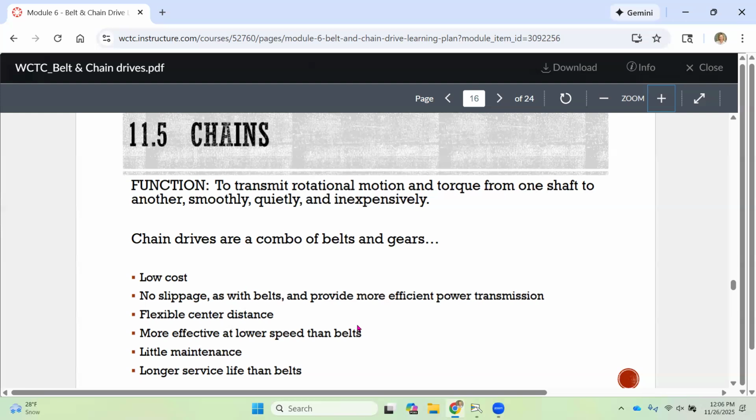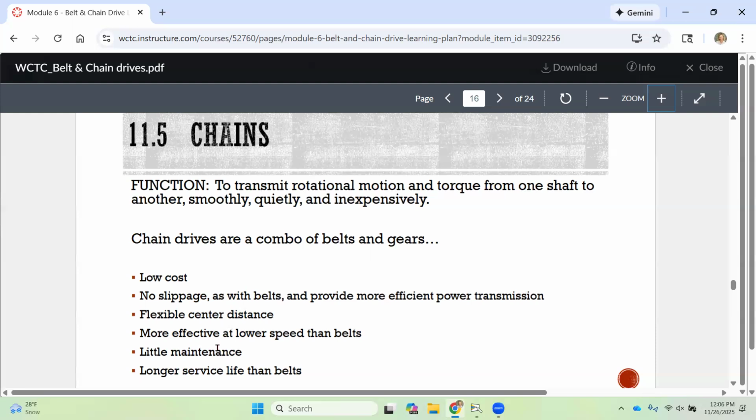Additionally, because of the arrangement, just like with belts, whatever the rotational direction is on our input shaft, it's going to be the same direction on our output shaft because we don't have them interacting with one another directly. Gears, as we know, we switch directions on our input to output when we have two gears in combination, but on belts and chains, that direction of the rotation is consistent between the input and the output, or the driver and the driven. It's more effective than belts at lower speeds, as we said earlier.